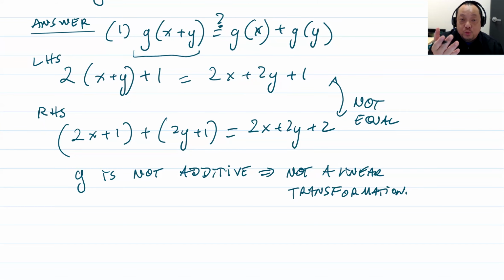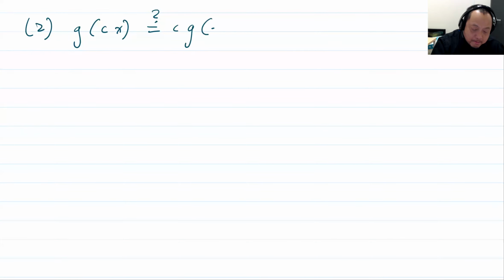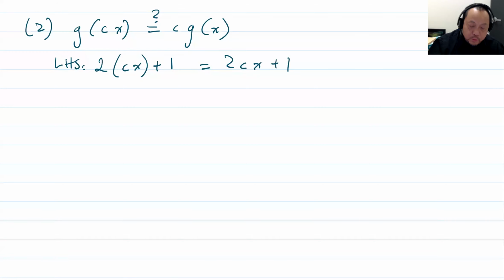But just for fun, just in case one of you used property 2, I'm going to show you how property 2 is going to work in this case. Property 2 is scalar factoring. On the left-hand side, I have 2 times that plus 1, which is equal to 2cx plus 1.